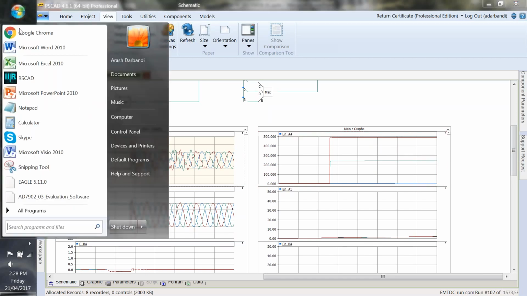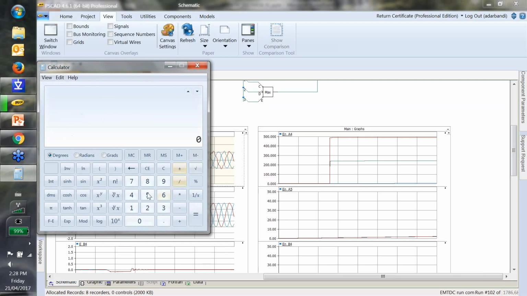That means the kilojoule per MCOV is about 1.4 kilojoule per kV MCOV. You can compare this value with the manufacturer recommended data.